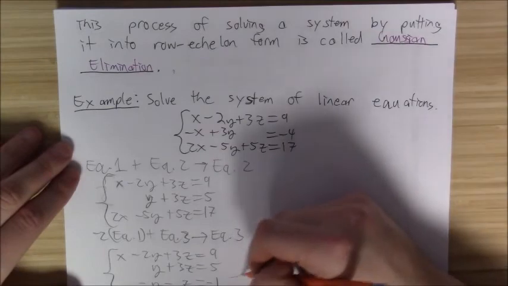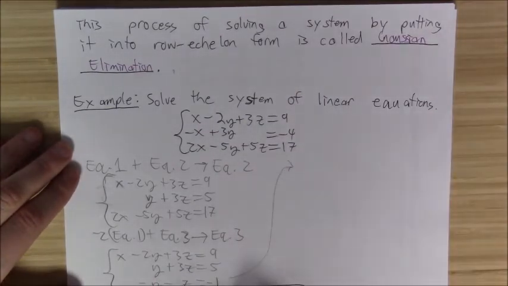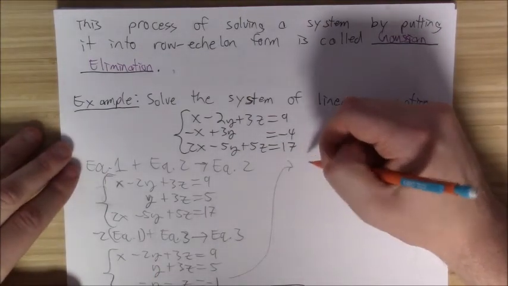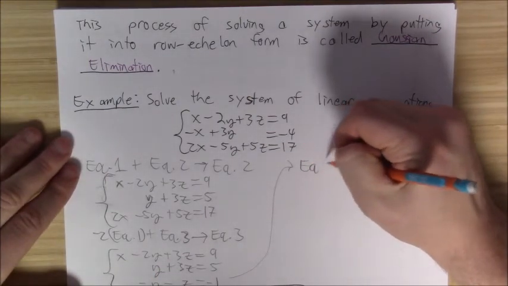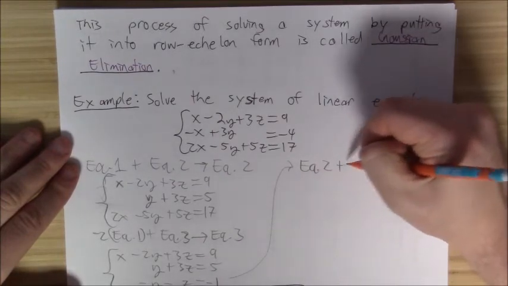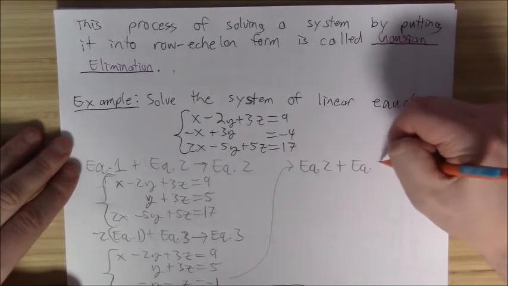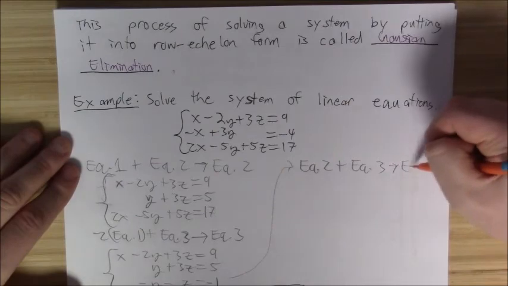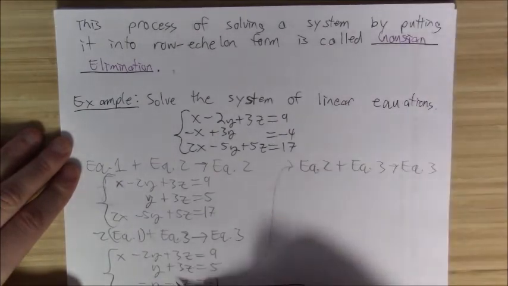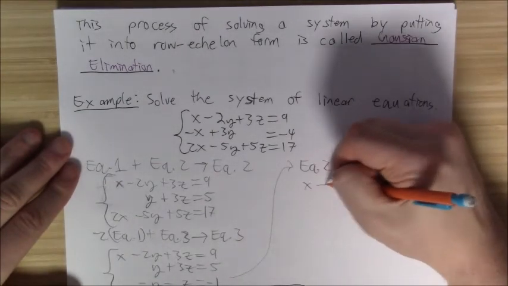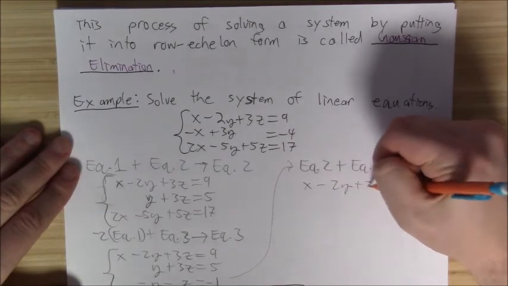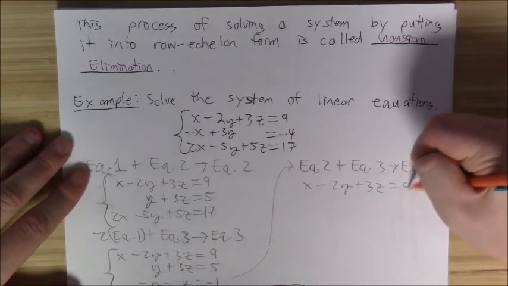And then if I continue, I'm going to eliminate the y here to be able to get this into row echelon form. And doing so, I will just add. So I'll take equation 2 and add it to equation 3 to get a new equation 3. And doing so, I have x minus 2y. The top equation is unchanged.